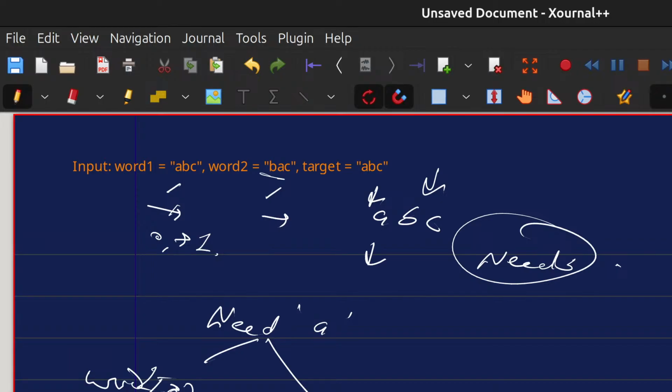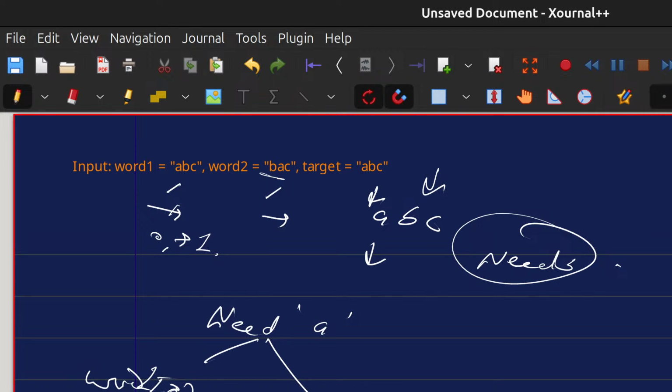So what information do we need? Suppose we already picked word 1 index 3 for C. In that case, the next character cannot use word 1 at index 1 or word 2, because indices must be increasing, right?